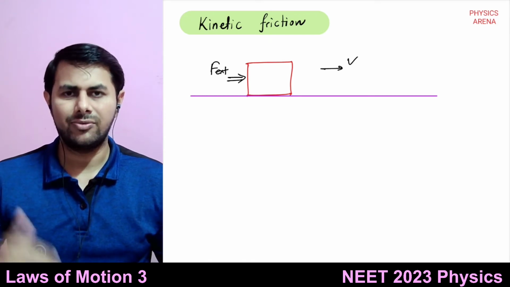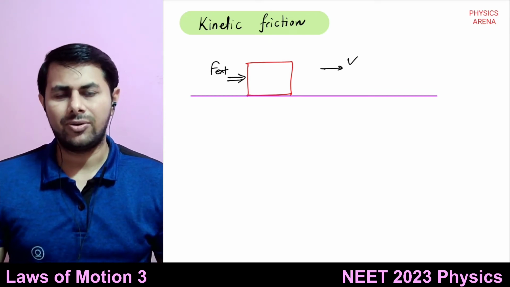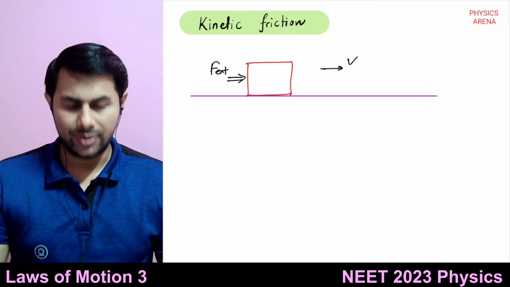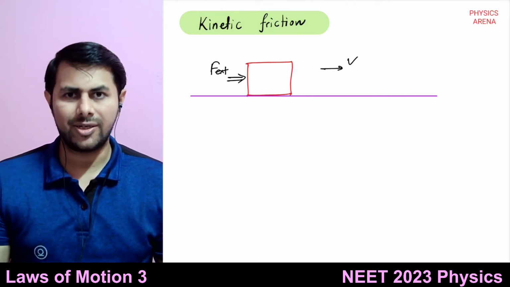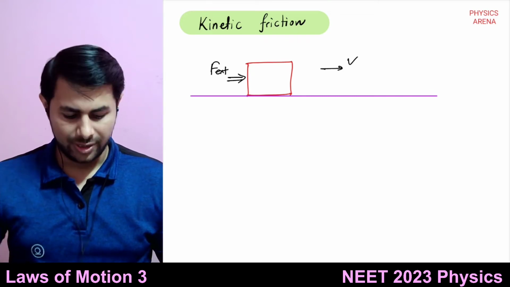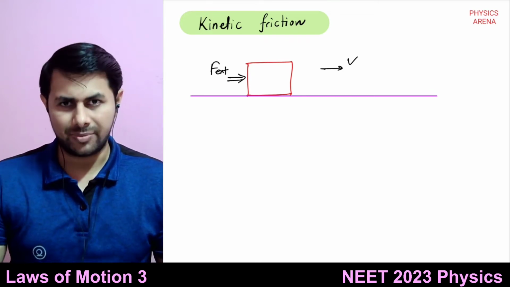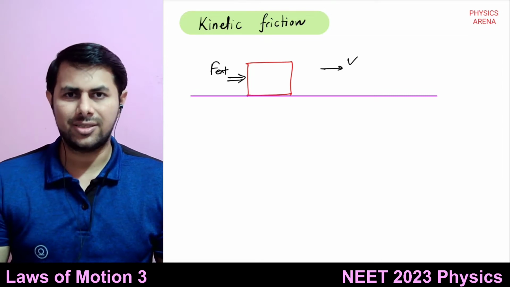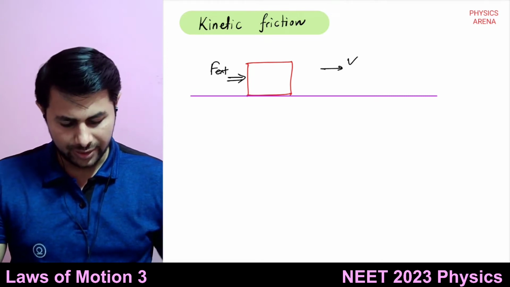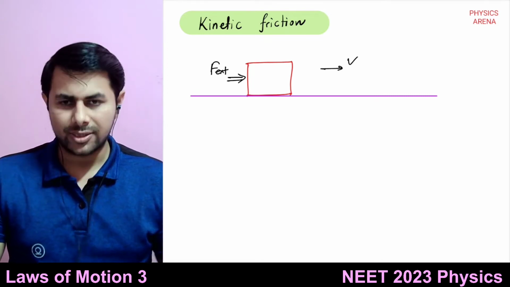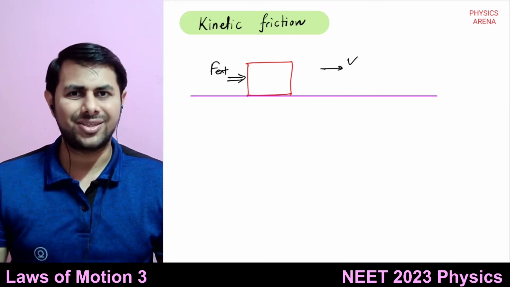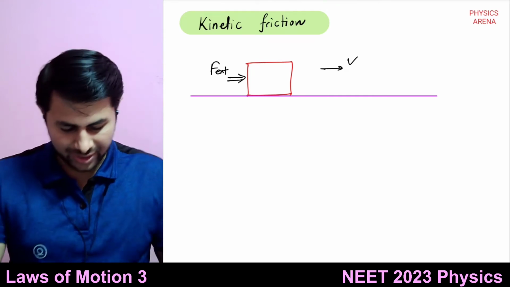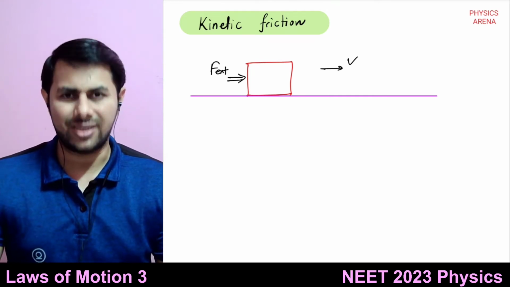But this force will be less than the limiting value of static frictional force. So still there is some friction, but it is less than the static friction. In this case it is known as kinetic friction. The only difference between static and kinetic friction is that it is less than the static friction. Otherwise all the other laws are the same.